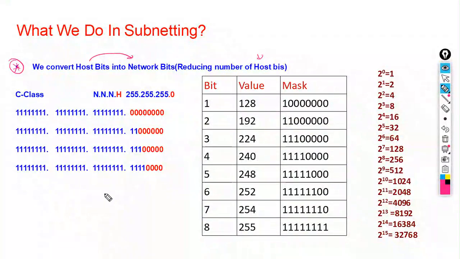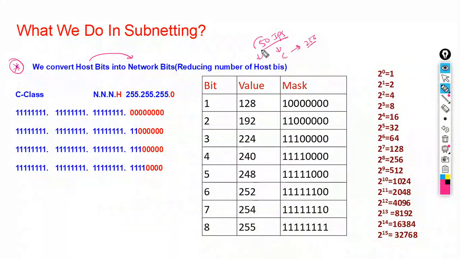Using this example, imagine our requirement is 50 IPs. Can we get 50 IPs in class C? In class C, how many IP addresses can we get? 256, right?